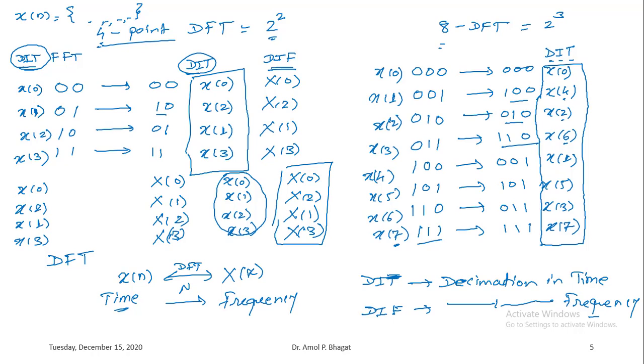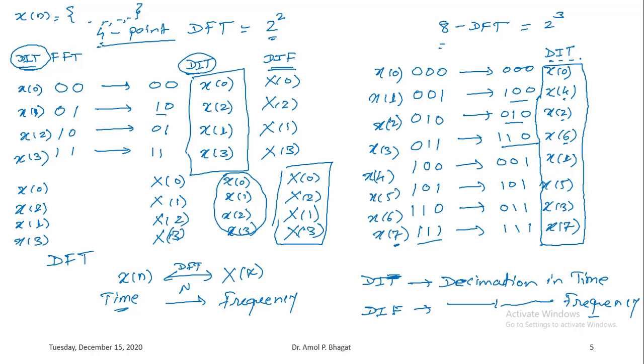Similarly, when you are using an 8-point DFT, in case of DIT FFT, the input will be x of 0, x of 4, x of 2, x of 6, x of 1, x of 5, x of 3, x of 7.